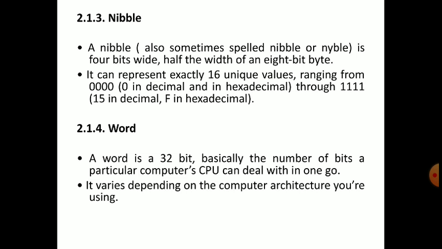It can represent exactly 16 unique values ranging from 0000 through 1111, that is 0 in decimal and 0 in hexadecimal, to 15 in decimal and F in hexadecimal. You know all these things because 4 bits means 2 power 4, that is equal to 16 unique values.